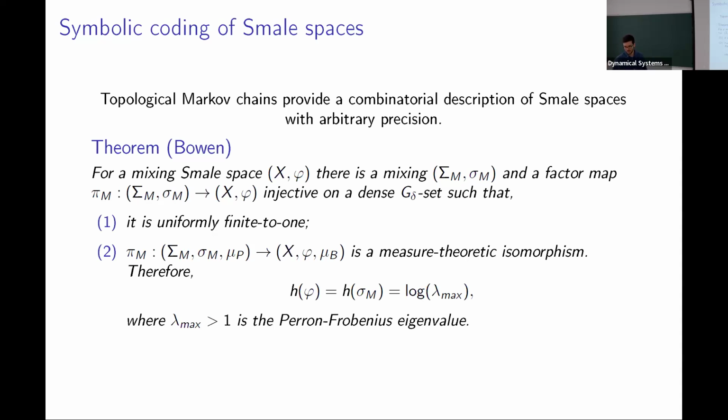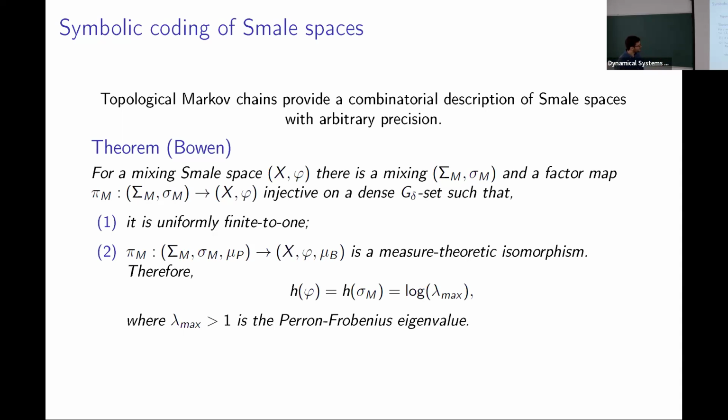Yes. And this is theorem about Markov partition. Yeah. So the idea is the No, I don't understand it either. For a mixed Smale space, there is a mixing space. it is subshift. Okay. Ah. Thanks. Okay. Okay. Okay. Yeah. No. Okay. Subshift of Subshift.